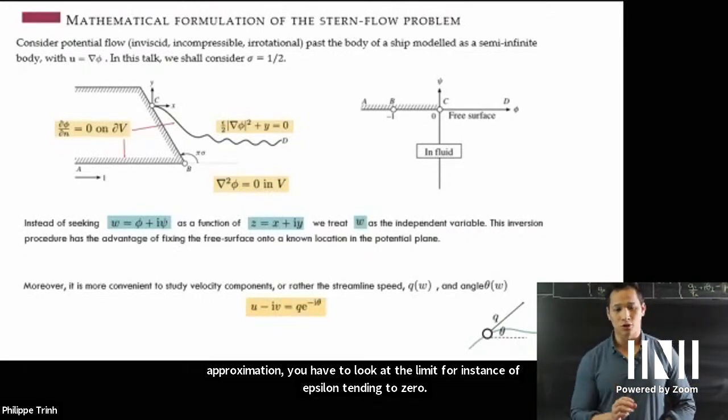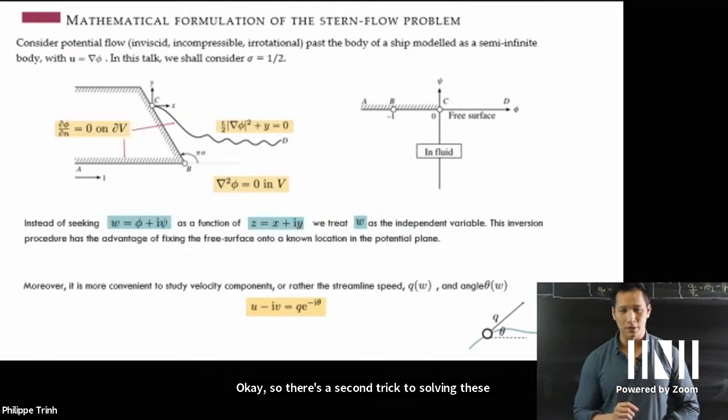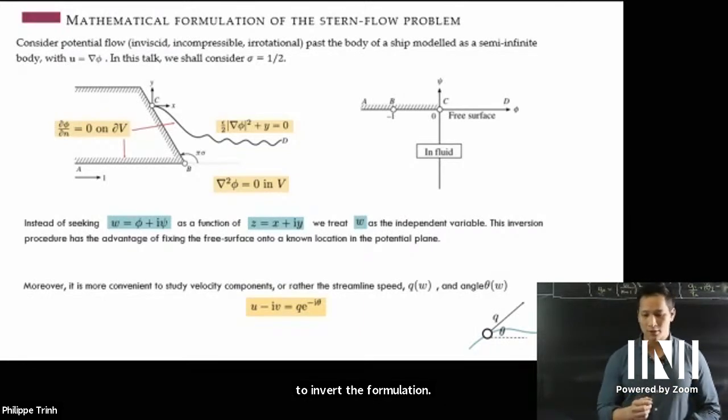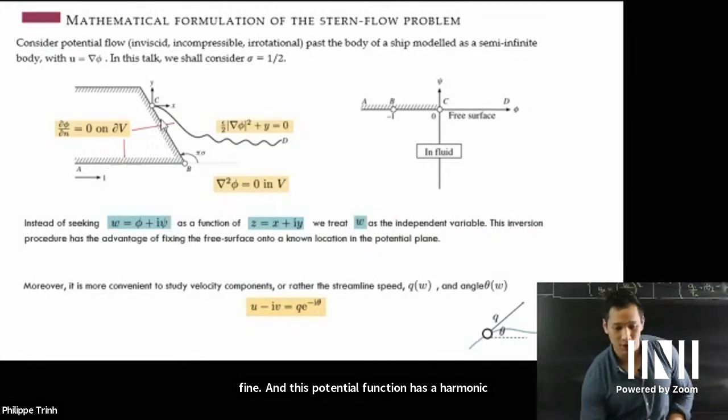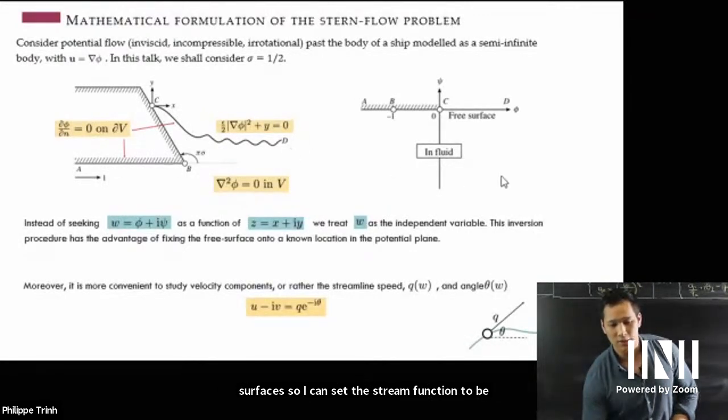Okay, so there's a second trick to solving these potential flow problems, and the trick is to invert the formulation. I've already introduced to you the potential function phi, and this potential function has a harmonic conjugate called the stream function psi. The stream function is constant along surfaces. So I can set the stream function to be 0 from A to B to C to D. This is what you see on the picture on the right here. In the phi-psi plane, the boundary A, B, C, D has been mapped to the real axis.